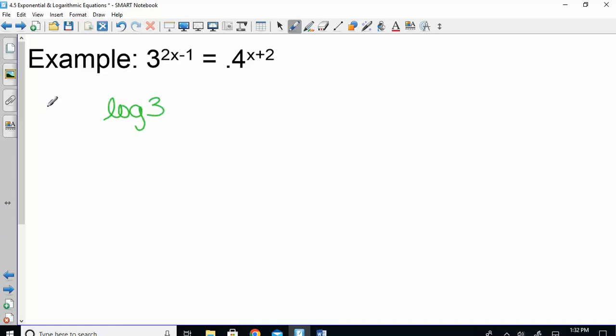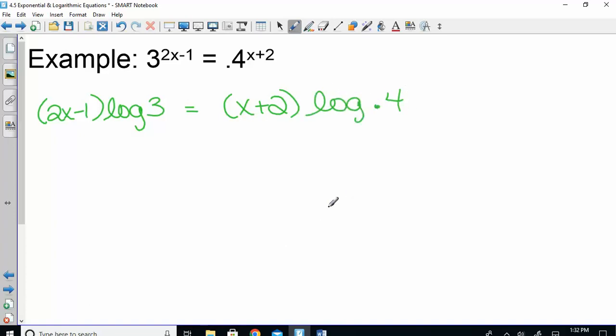Would you guys be upset if I go ahead and brought down my exponent when I did that? Just make sure when you put it in front, you put parentheses around it. And this is a log of 0.4. Don't lose your decimal there. All right. Can you guys finish it from here? Why don't you try it? See how far you get.